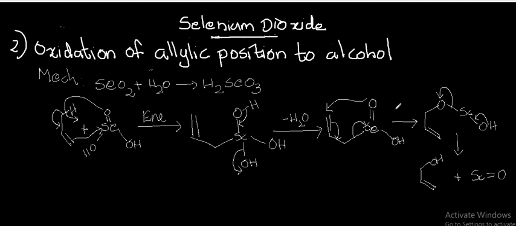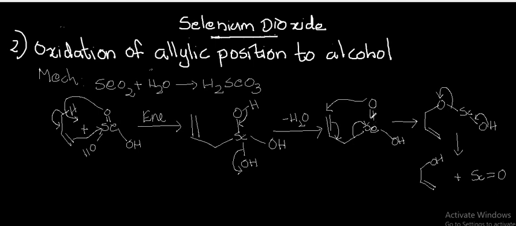Then this oxygen lone pair of electrons, this oxygen will attach to this double bond, and this double bond will shift to this bond, and this bond will be cleaved from selenium. That is, this bond is cleaved, and here a single bond changes into a double bond, this double bond changes into a single bond, and this is connected to oxygen, which is connected to selenium.